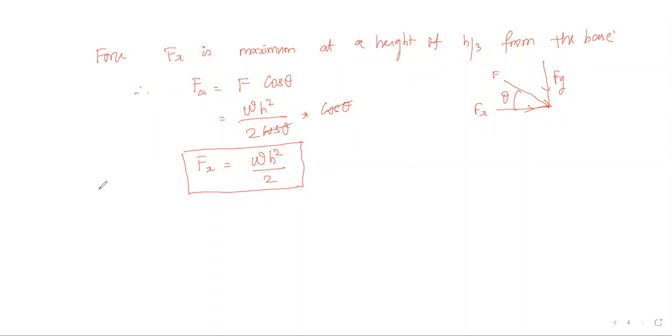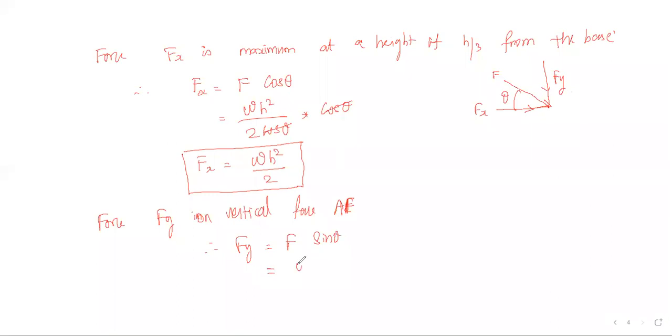Next, we should move on to the water pressure, that is force Fy, on the vertical face AF, sorry, AE. Vertical face means AF. So Fy is equal to F into sin theta.